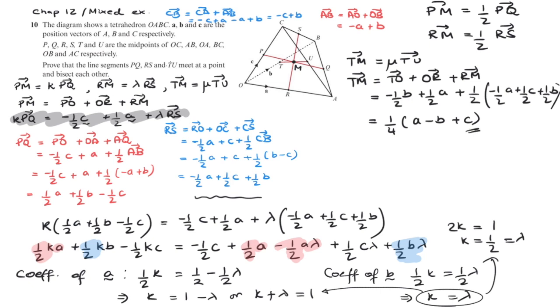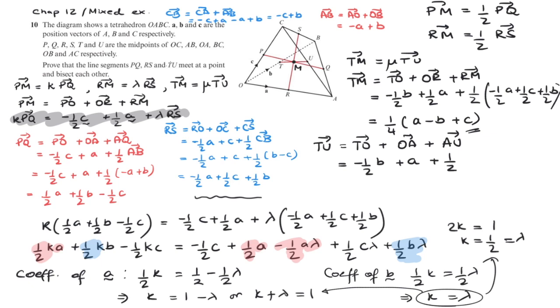The final result of TU similarly can be found as well. So TU is simply T to O plus O to A plus A to U. So TO is again minus half B plus A plus half of AC. AU, because U is the midpoint, is half of AC.